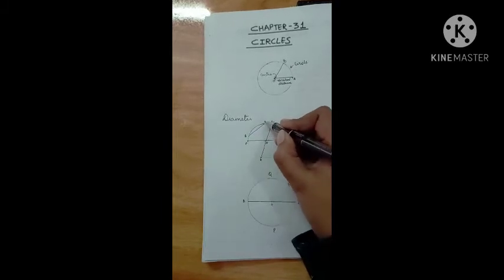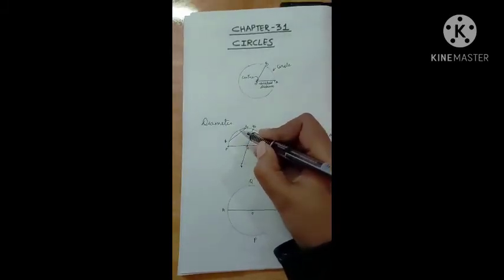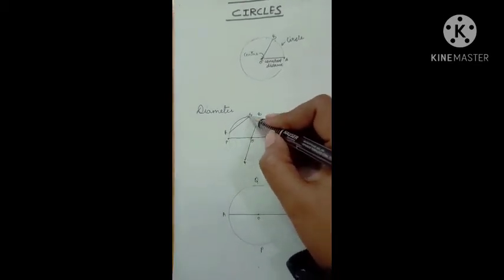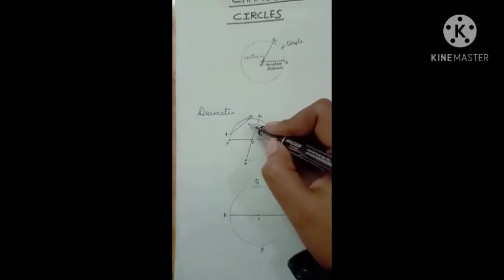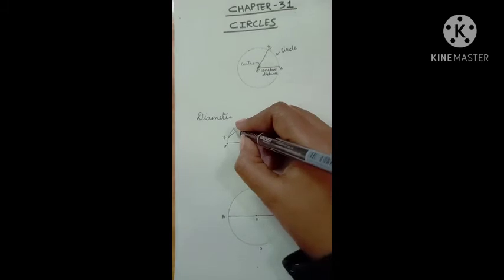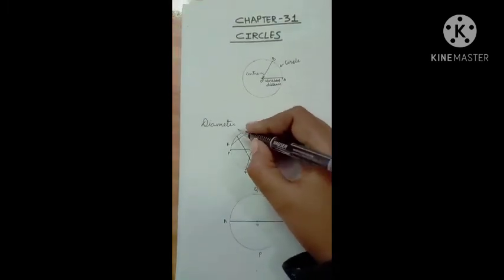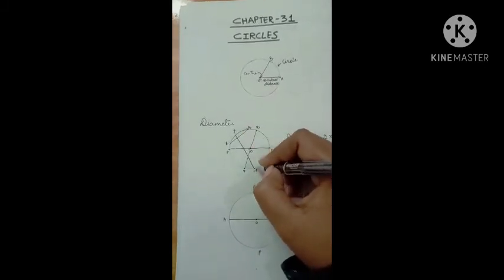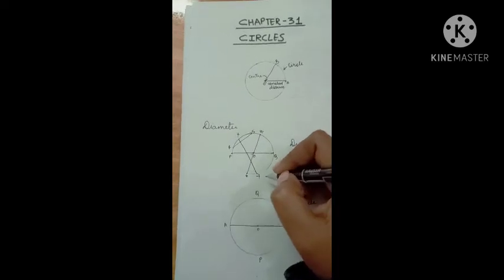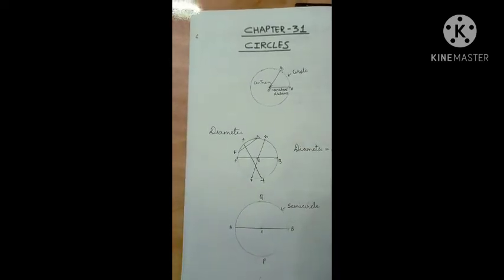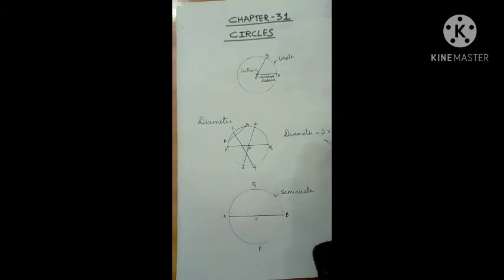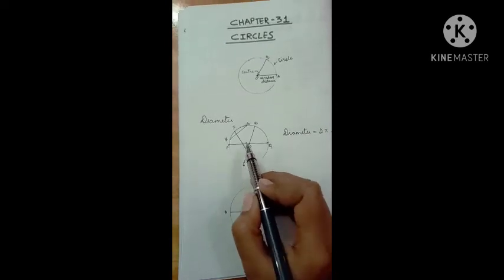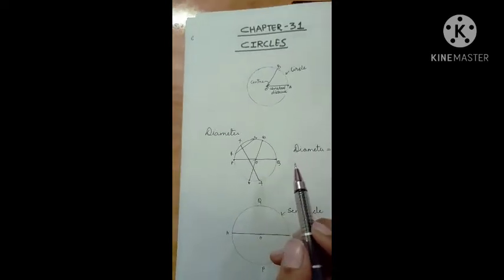So this line segment is a chord. If I draw a line segment like this, suppose this is X and this is Y, then this line segment XY is also a chord. And the largest chord in any circle is the diameter. Diameter is also a chord and it is the largest chord in a circle.